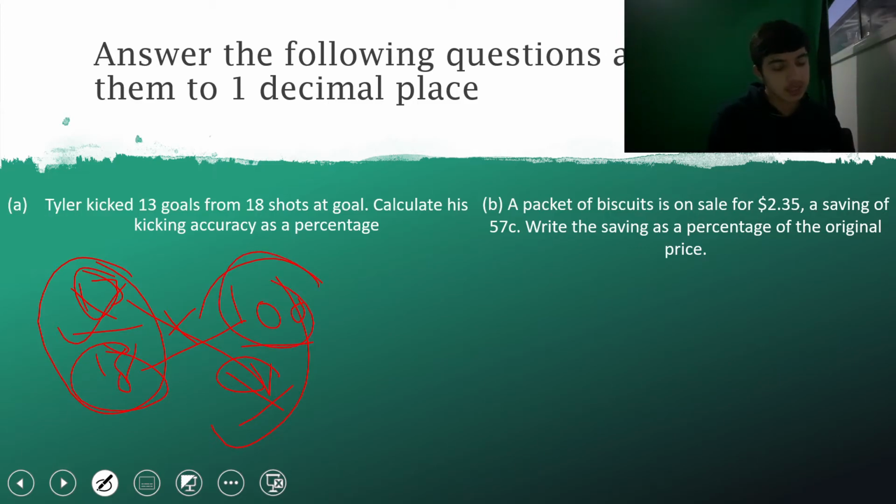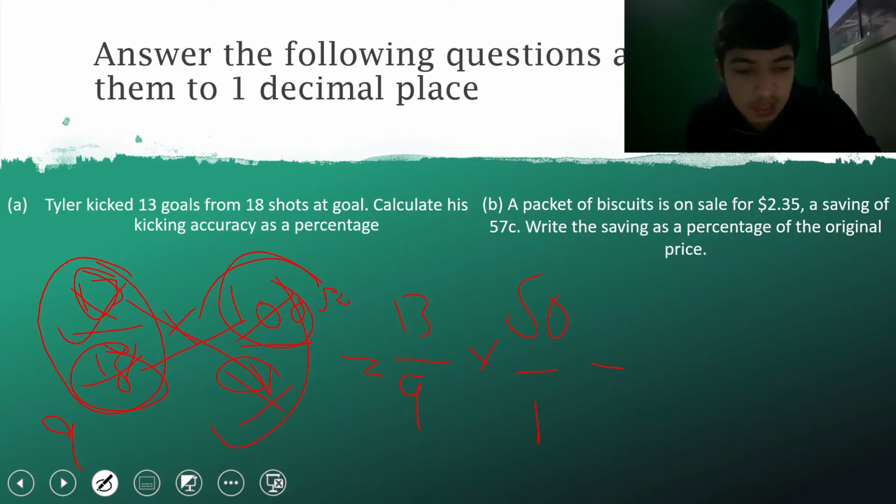It would be 18 and 100. Both of them can be divisible by 2, which this will be 9. This will be 50. So this one will be 13 over 9 times 50 over 1. So now there's no more simplifications you can do.